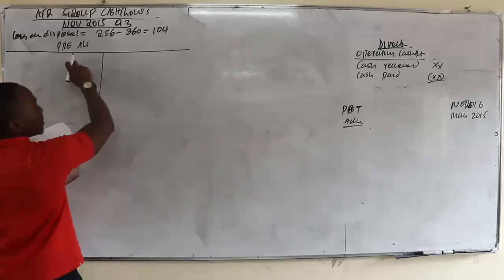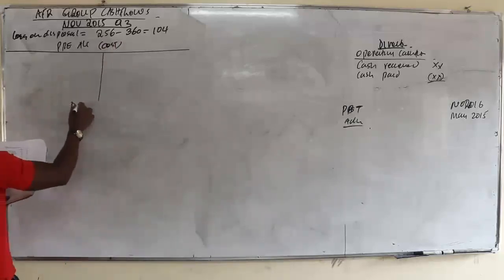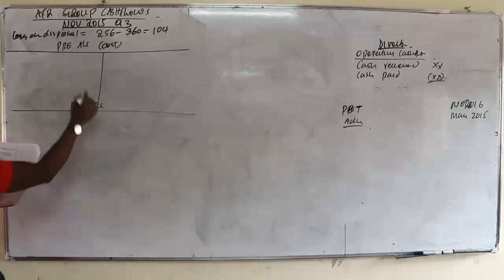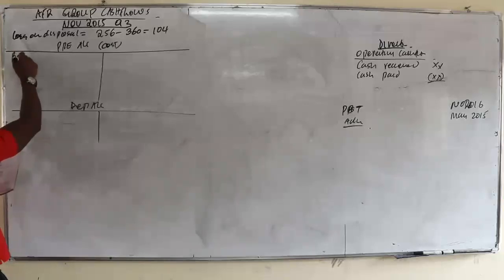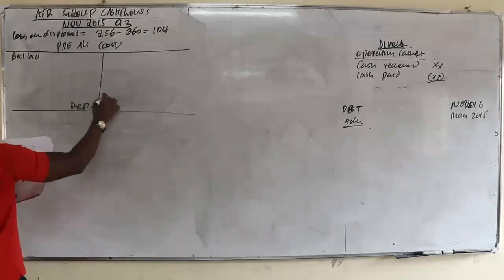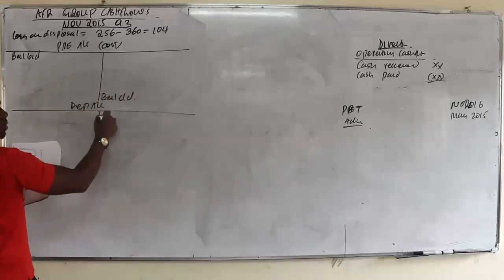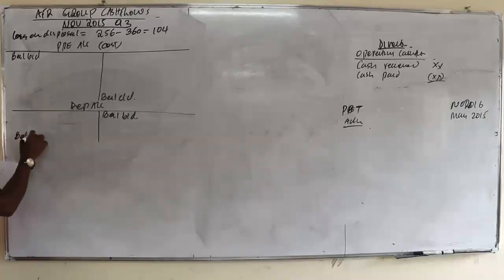In this case, the PPE account, you show them at cost, and then you prepare the depreciation account separately. In short, you don't show the PPE at their net book value. Are you together? So PPE is an asset, so we determine the balance brought down, balance carried down. Depreciation is an expense, so we'll be having balance brought down, balance carried down.